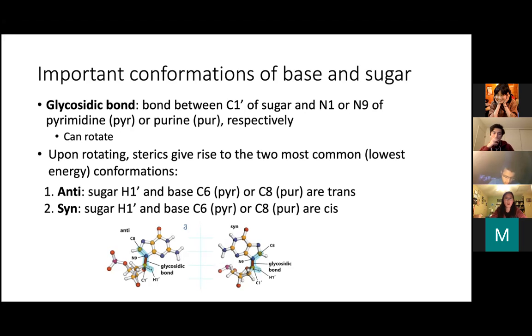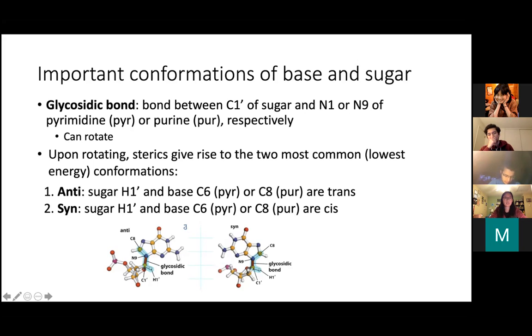Upon rotating, different sterics give rise to the two lowest energy conformations, which are termed anti and syn. The anti is when the sugar H1 prime and the base C6, if it's a pyrimidine, or C8 position, if it's a purine, are trans to each other.